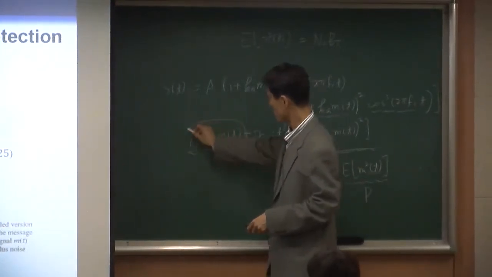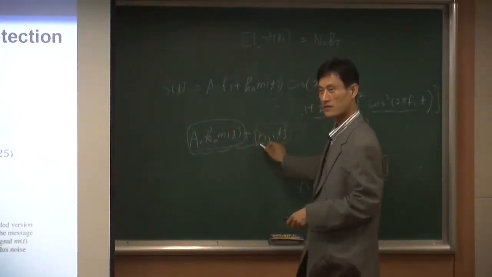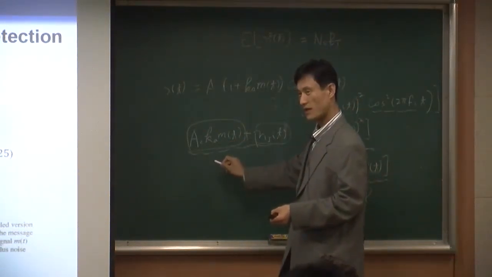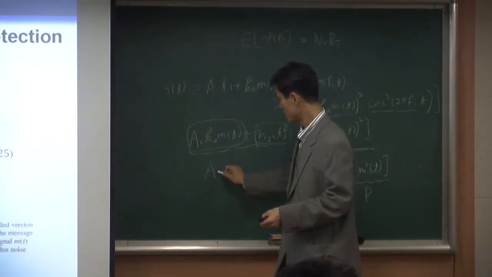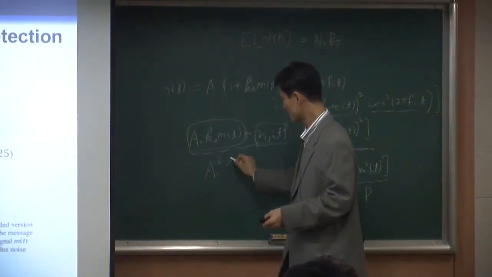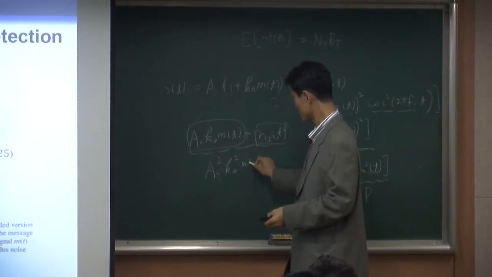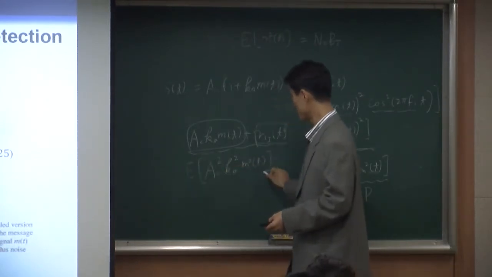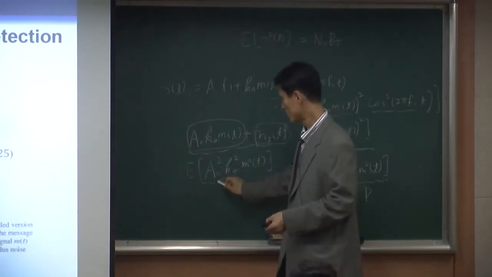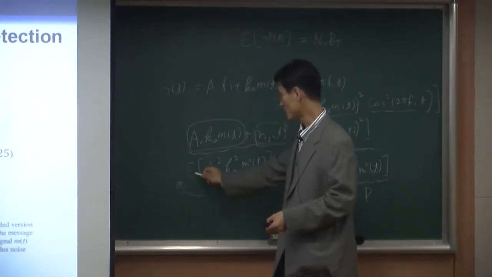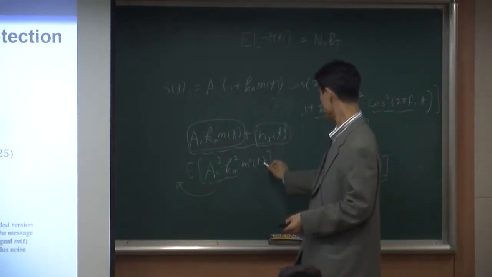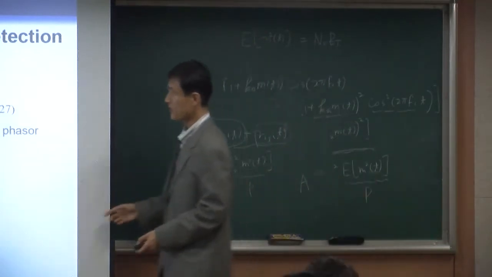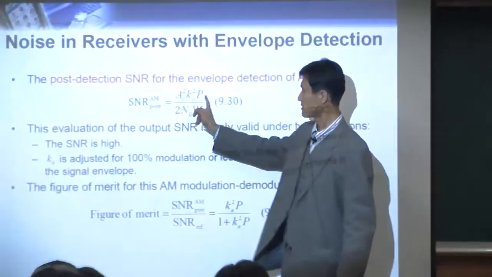So this is the signal part, and this is the noise part. We do the same way. What is the signal power, the average power? You take the square of this, and then the expectation. But we know this part is constant anyway, so bring it out. And the expectation of m squared(t) we know is always P. So therefore, our signal power will be like this.